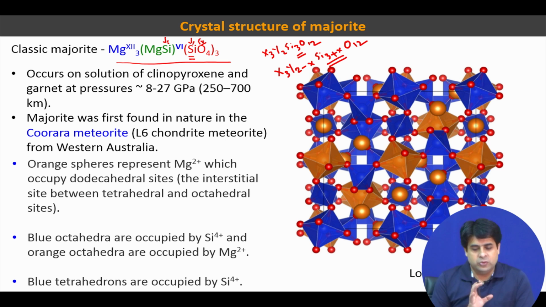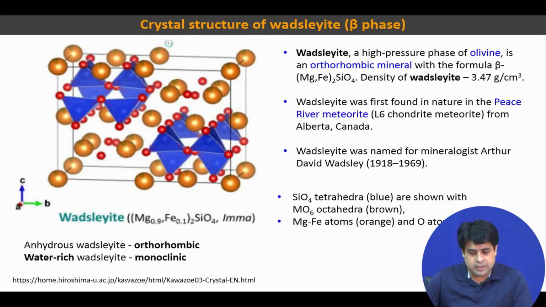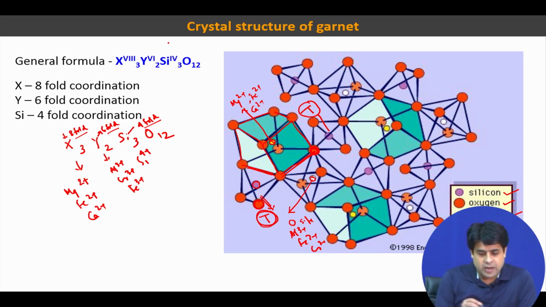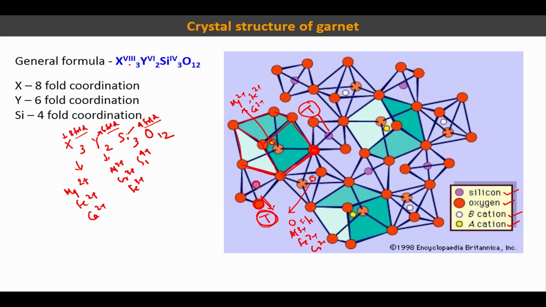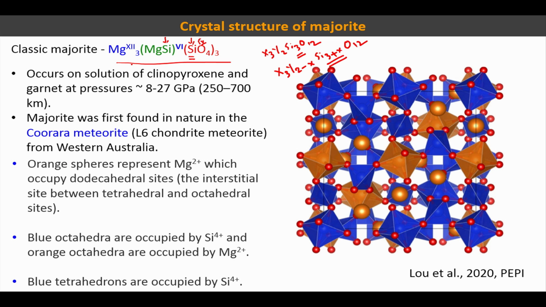If you go back to the last slide, in garnet you have 8-fold coordination for magnesium, but here in this structure you have magnesium in 6-fold coordination and also 12-fold coordination.